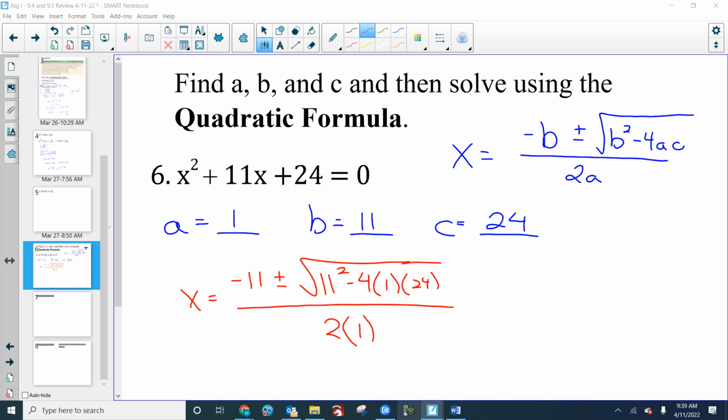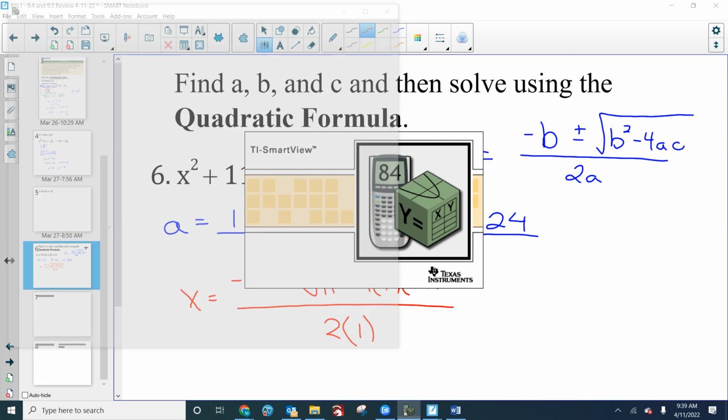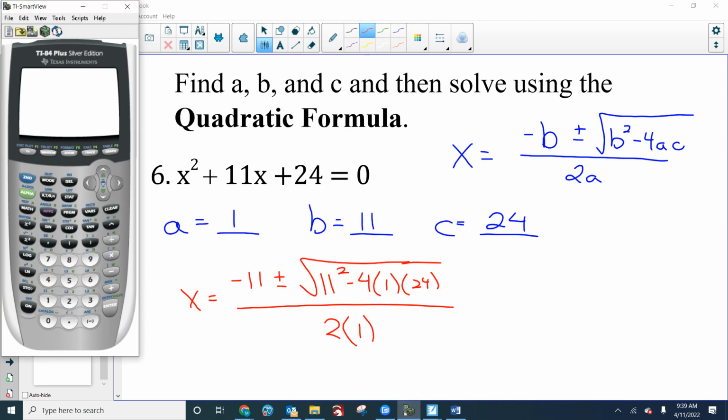Now, this is where I would recommend learning how to type in the inside of the square root all at once. So we're going to type in 11 squared minus 4 parentheses 1 parentheses 24. Everybody understand? We get 25. I would double check it. I don't trust people or things.